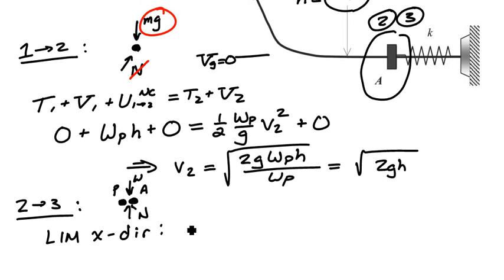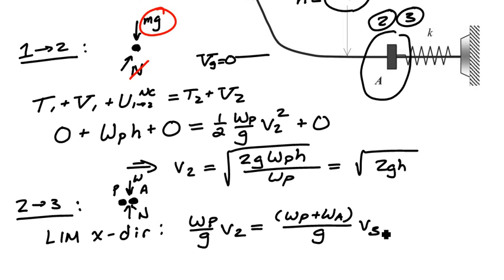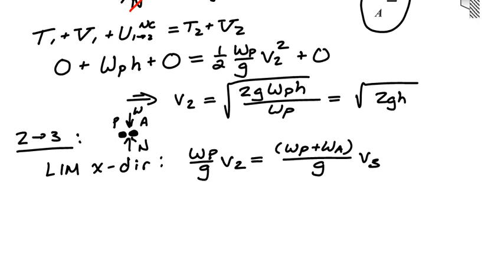So what this is going to give me is that the mass of the particle, so WP divided by G, times V2, is going to equal the weight of the total system, which sticks together, which is going to be WP plus WA over G times what we'll call V3. So in this regard, I can find V3, namely V3 is going to equal, well again, the G's are going to cancel out, and so I'll have V3 is equal to WP divided by WP plus WA times V2.